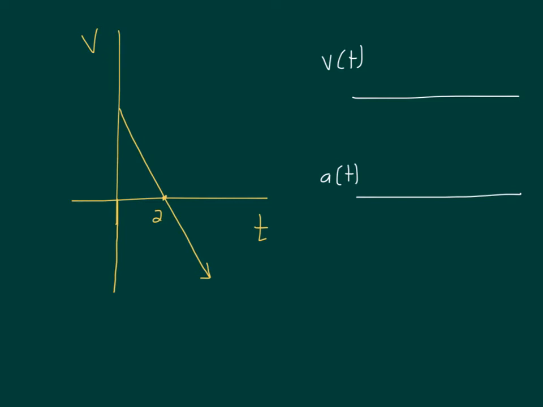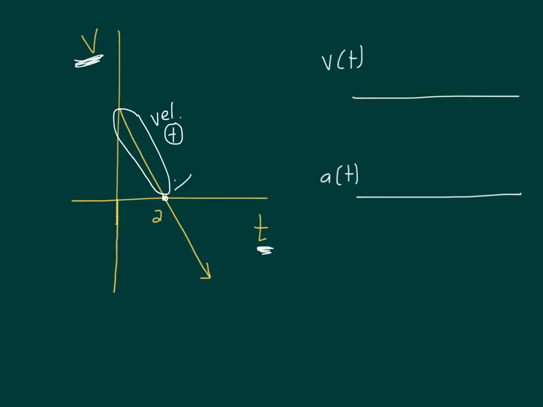Okay, in this example we're given a graph of velocity versus time. So let's look to make a sign diagram for both velocity and acceleration. So if we analyze this velocity graph, we have a key point here at 2. Now above it here, we see that the velocity is positive because it's above the x-axis.